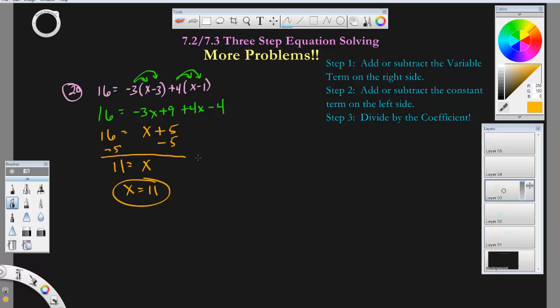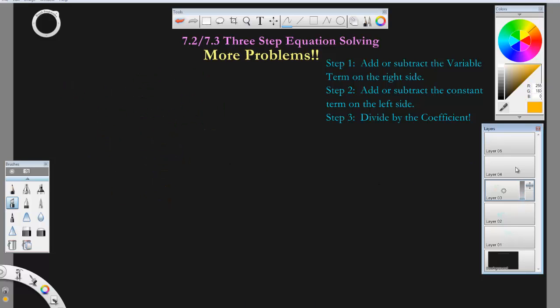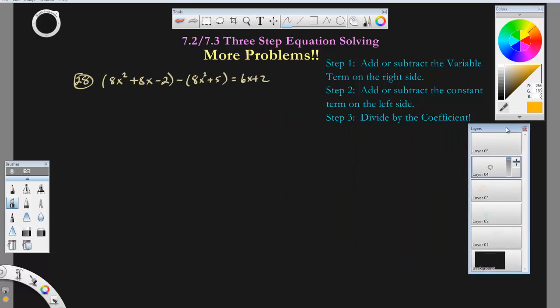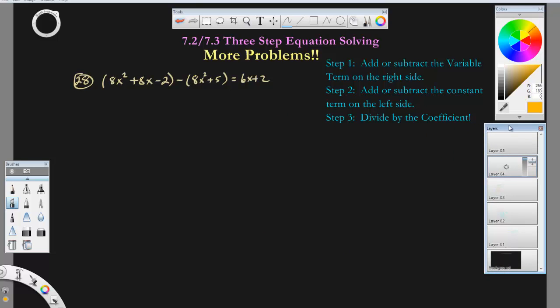All right, now let's look at the mother of all problems here in this section. This is as intimidating as it possibly gets. When you do this, there is one piece of this problem that is going to make people miss it more than anything else, and that is this minus sign right there.